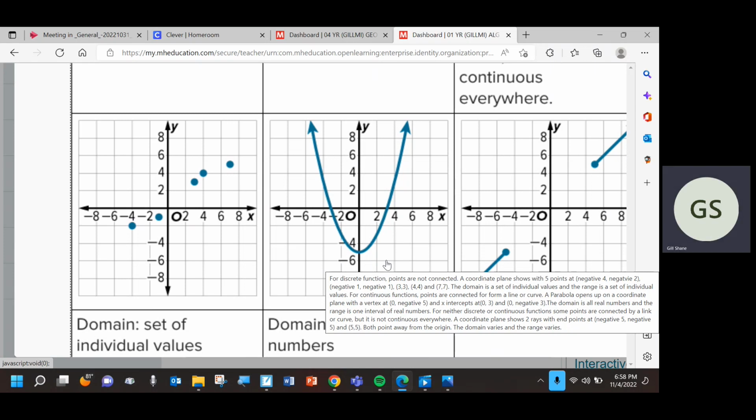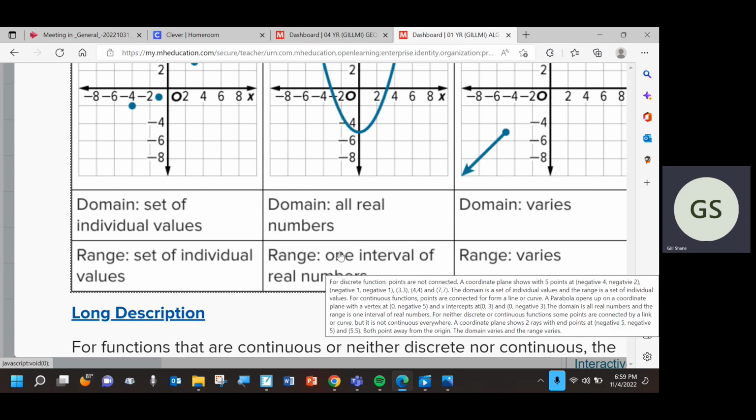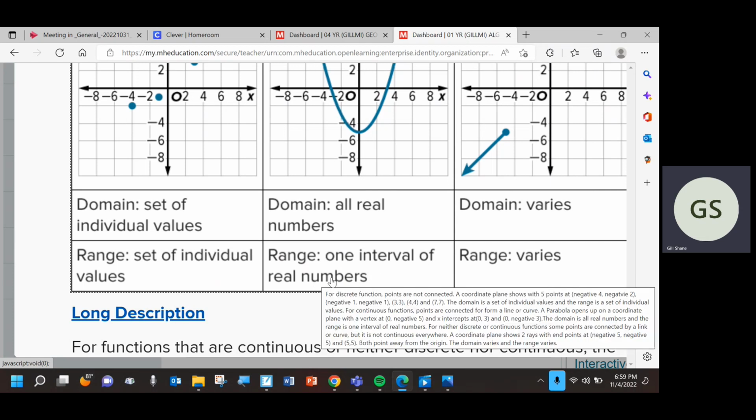So for the range, we would say any value greater than or equal to -5. So y, since that's what the range values come from, would have to be greater than or equal to -5. There's only one interval of real numbers, so that would again be y is greater than or equal to -5.